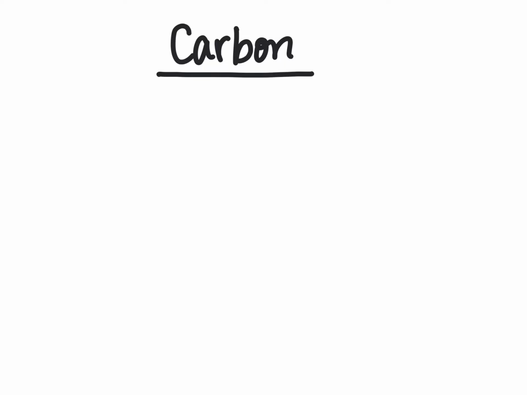So first, let's take a look at an atom of carbon. Carbon is an element, and an atom of carbon is basically the smallest unit of carbon that you can have.